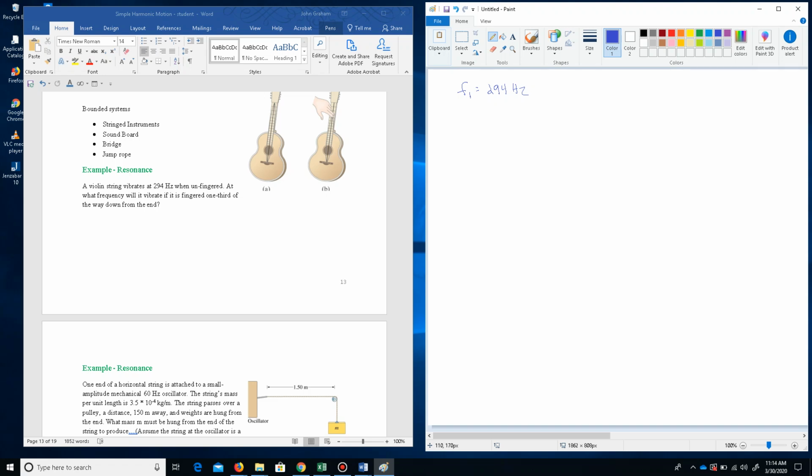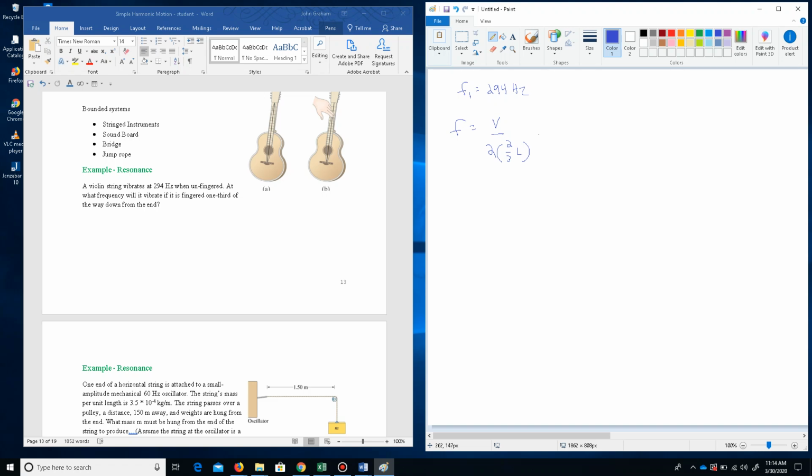And then we want to find how much the frequency will be if you put your finger 1/3 of the way down. And so we can write this new frequency as velocity over 2 times 2/3 of the length, since you're switching the closed system and now you have a different closed system.